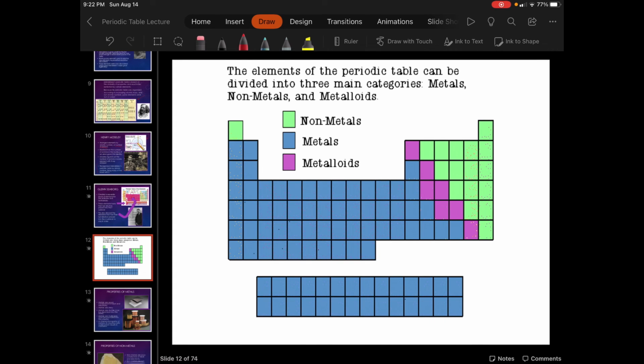Now, the periodic table can generally be split into three different categories: nonmetals, metals, and metalloids. Notice hydrogen is over here, a nonmetal, but it only has one valence electron, so it fits into group one.